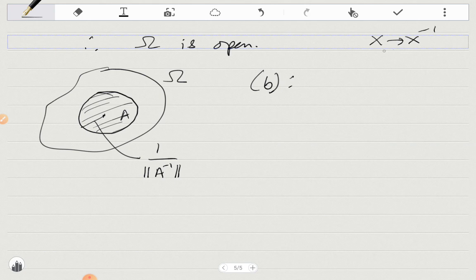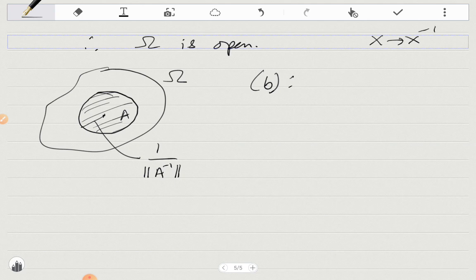So I'd like to take 2 points A and B and compare the norm of the difference of their inverses.